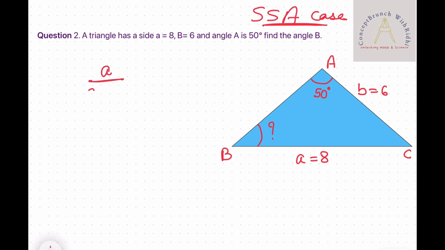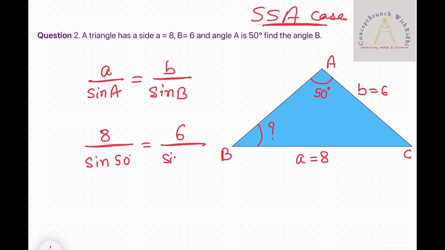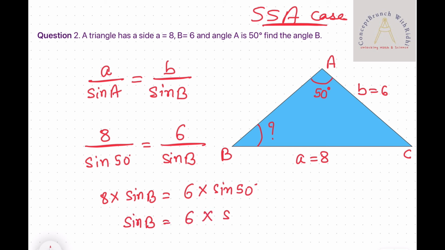So a divided by sine A equals b divided by sine B. What is the information? a is 8, divided by sine A, where A is 50 degrees, equals b is 6, and we have to find angle B. So rearrange to solve for B. So 8 times sine B equals 6 times sine 50 degrees. We can divide by 8 on both sides. So sine B equals 6 times sine 50 degrees divided by 8.